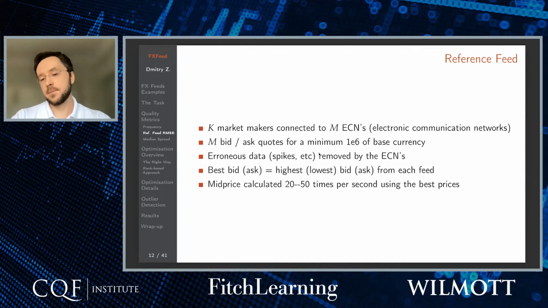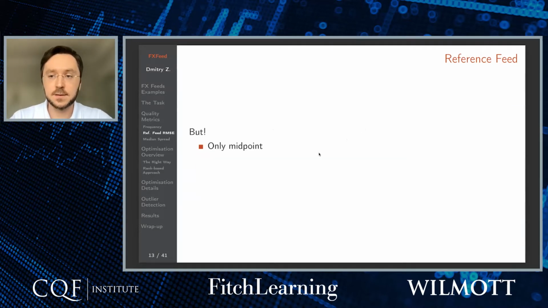Now, you may be right to think that this is actually the feed that we wanted to get in the first place. So why bother creating another product? You'd be right. However, there are important limitations associated with the reference feed. In particular, the company only disseminates the midpoint, but we would like to disseminate both bid and ask.